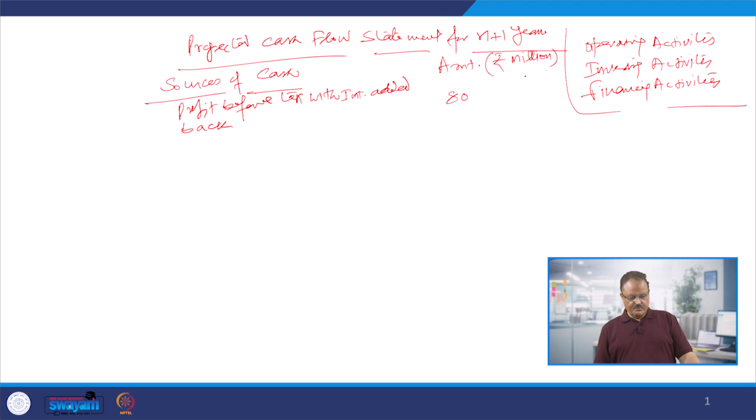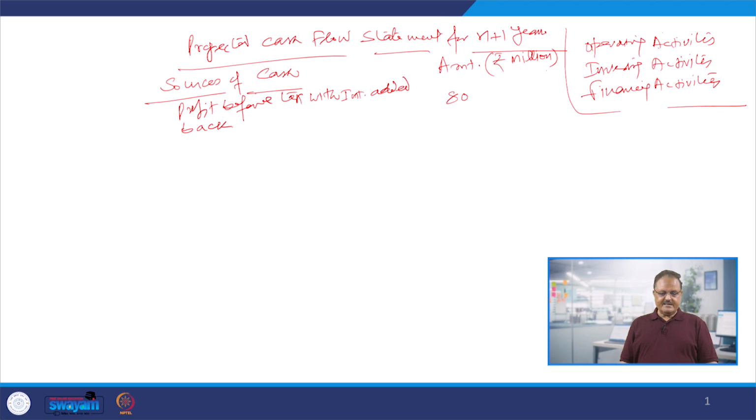So, profit before tax with interest added back. Why are we adding back the interest here? We are taking the profit before tax because tax we will subtract as an application of cash, not here. Source means total profit is coming to us, and in this we are adding back the interest also, because when we calculated the profit before tax, it was after interest.